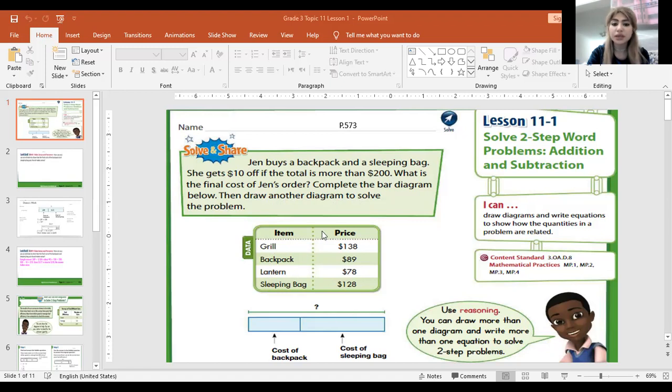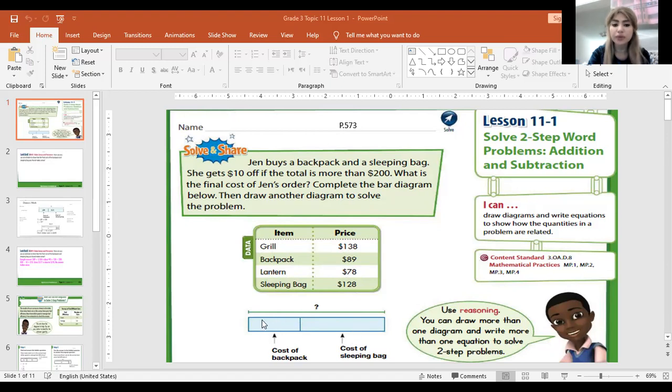So here I have a table that he gave me: the grill is $138, the backpack is $89, the lantern is $78, the sleeping bag is $128. Here he is giving me a bar diagram to write the numbers in.